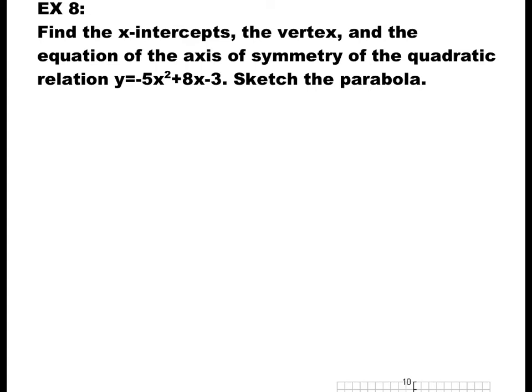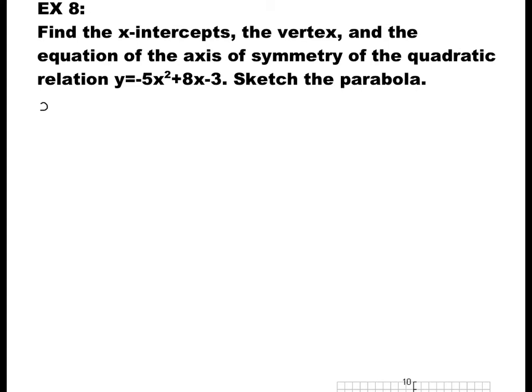The next example is to find the x-intercepts, the vertex, and the equation of the axis of symmetry of the quadratic function y equals negative 5x squared plus 8x minus 3, and then plot it. To find the x-intercepts, I'm going to use the quadratic formula.